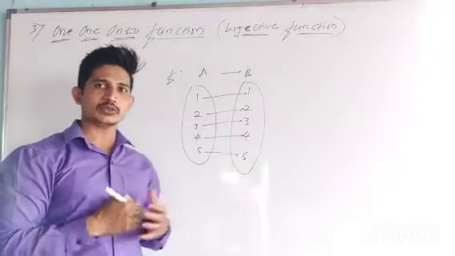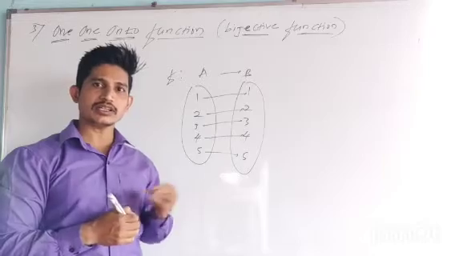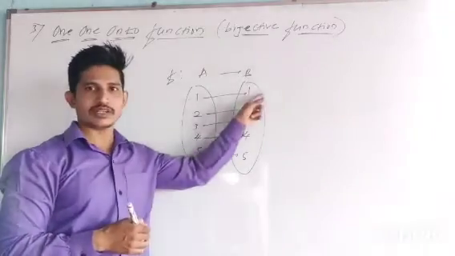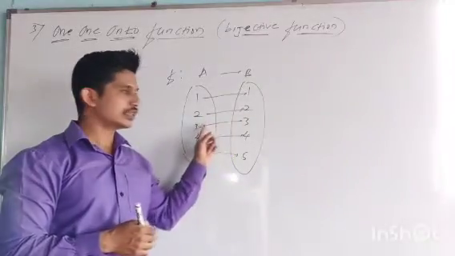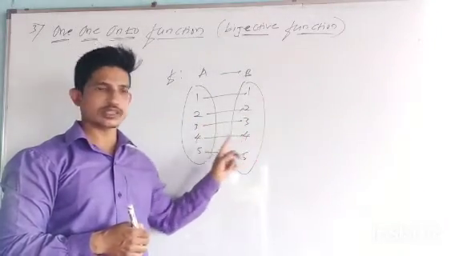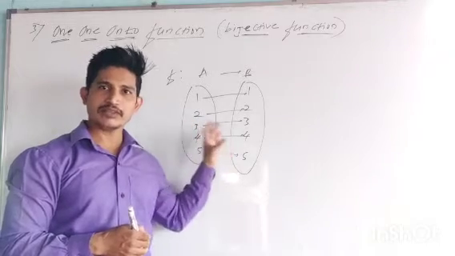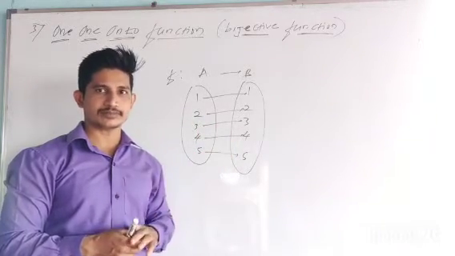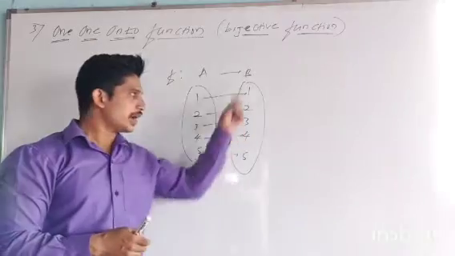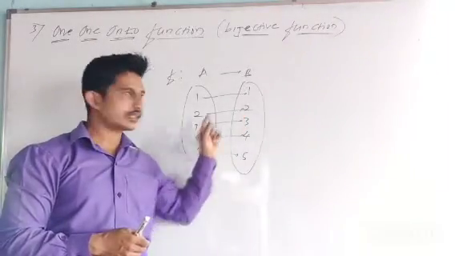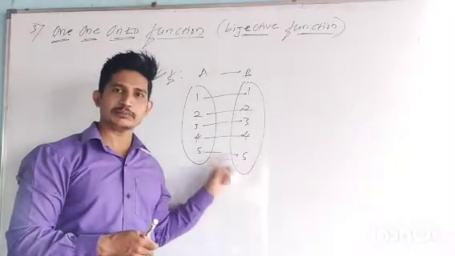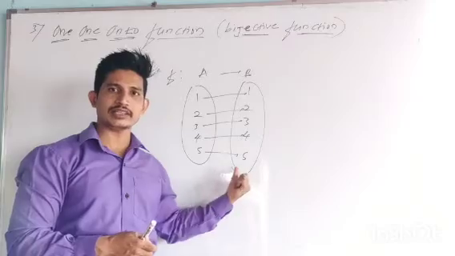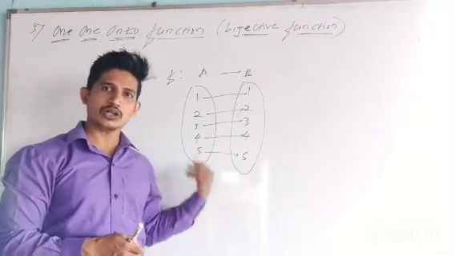Now, if this function is 1-1, every element should have different images. 1 has 1 image, 2 has 2, 3 has 3, 4 has 4, 5 has 5. Everybody has different images, so the function is called 1-1. Onto means every element should be paired. In the second set, every element is paired to an element in the set A. So every element is paired, therefore the function is onto also.